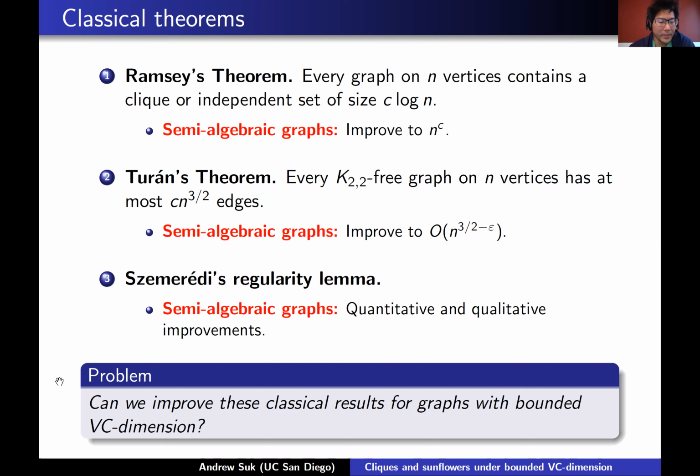But if you think about this problem just for a little bit, you'll quickly realize that this might not be so easy. One problem you'll see is just the sheer number of such graphs.